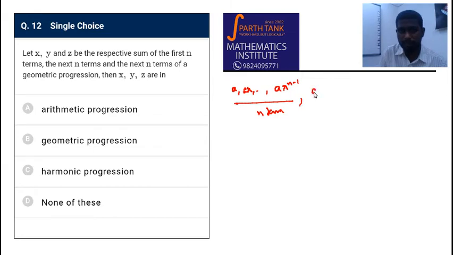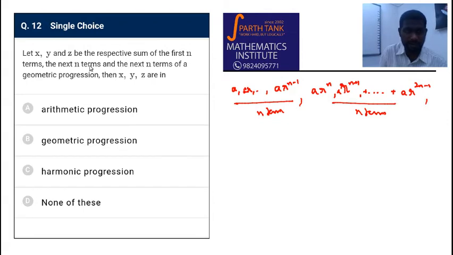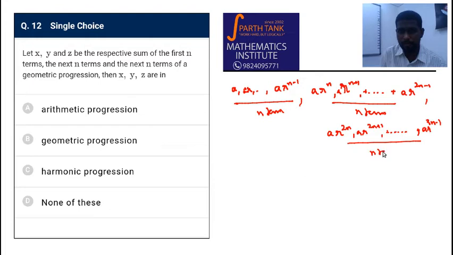The next terms would be ar power n, ar power n plus 1, up to, if I am going for another n terms, ar power 2n minus 1. These are another n terms. And another n terms, the next n terms will be ar power 2n, ar power 2n plus 1, up to ar power 3n minus 1. These are another n terms.